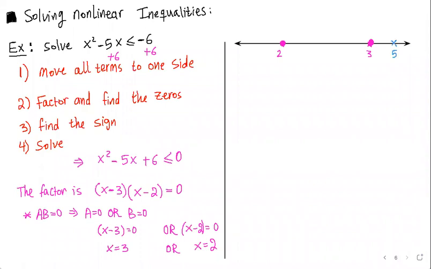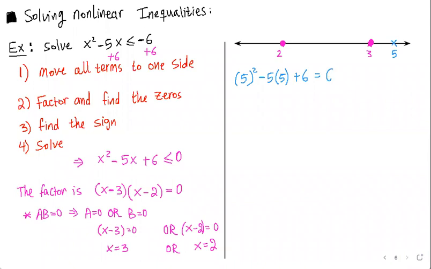Plug this 5 inside the equation here. 5 squared minus 5 times 5 plus 6. What's the answer? 5 squared is 25, minus 5 times 5 is 25, so 0, plus 6.